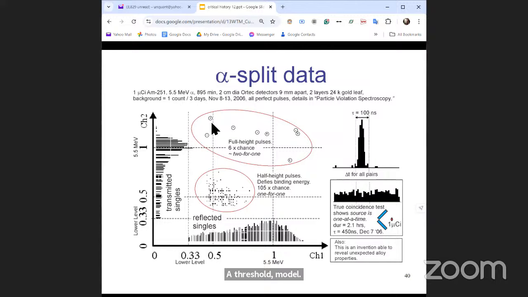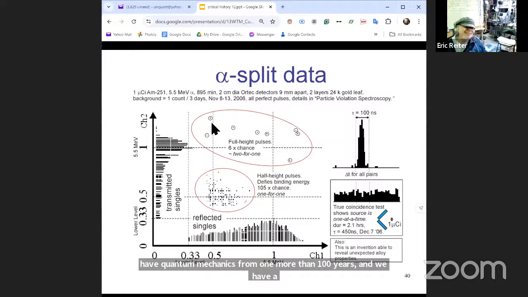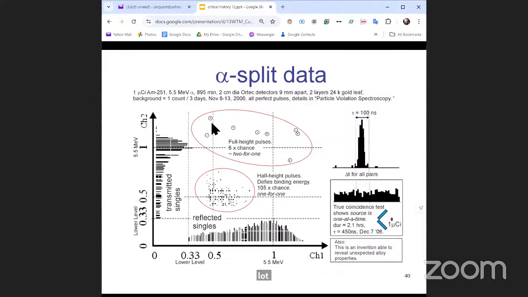Yeah, but we have had quantum mechanics for more than 100 years, and we have a lot of experiments. Can you tell me just one thing in your theory that is better, or some constant which you can compute better than with quantum mechanics and measure, because we derived thousands of things from experiments.